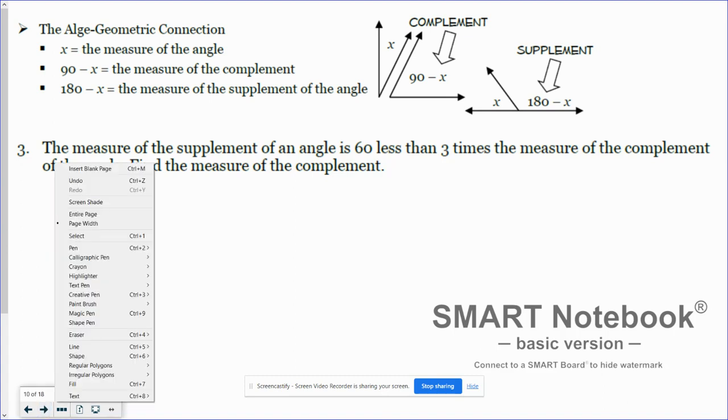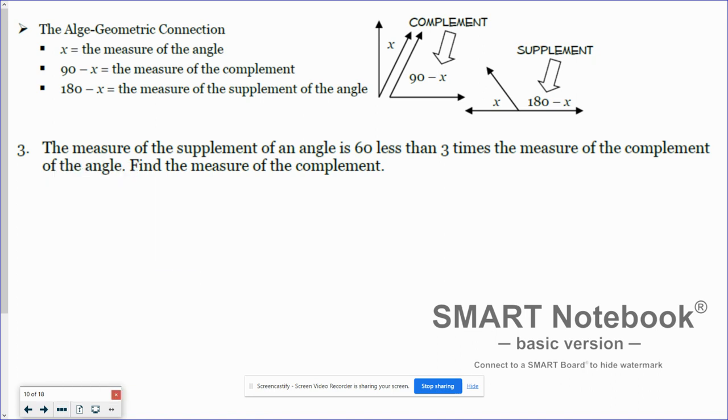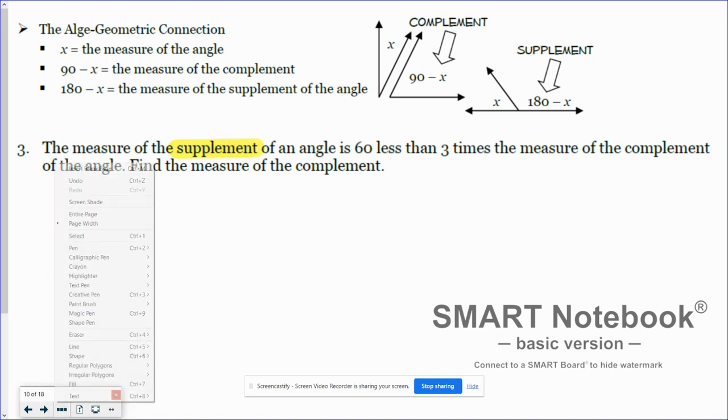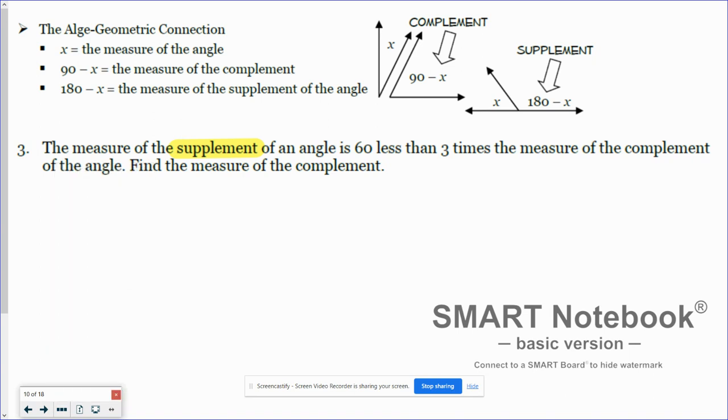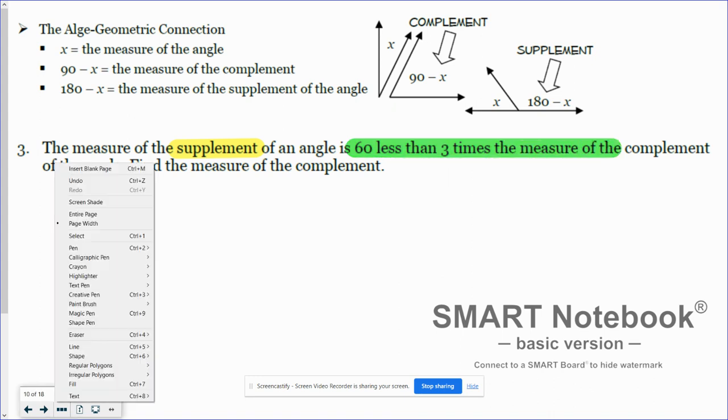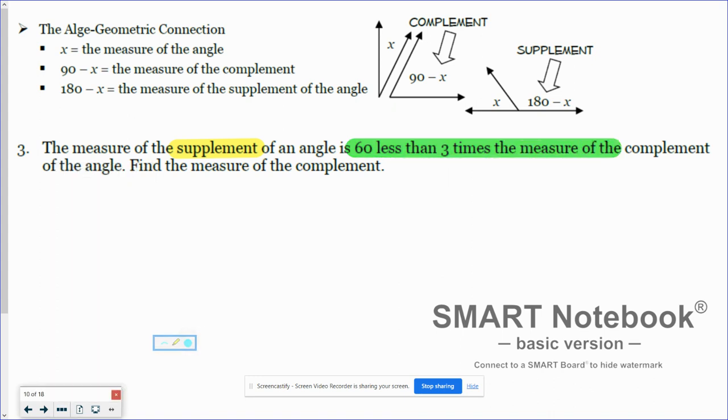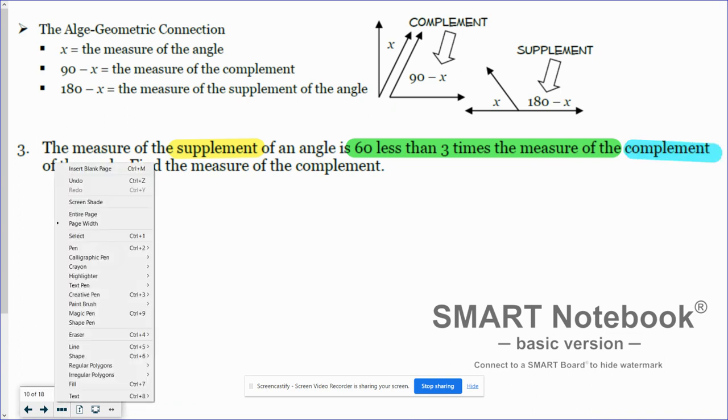All right, so it says that the measure of the supplement of an angle is 60 less than 3 times the measure of the complement. 60 less than 3 times the measure of the complement.